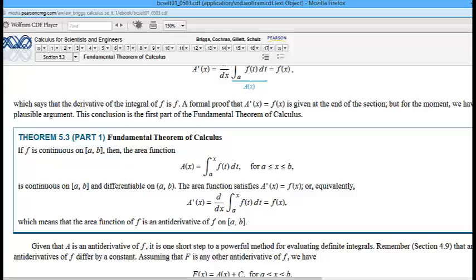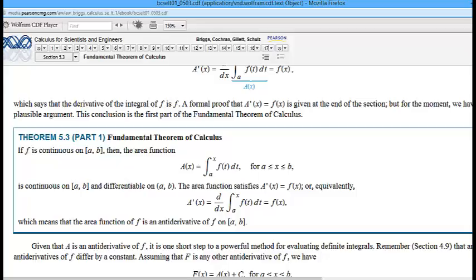And the area function is going to be really nice. That's what the theorem says. It'll be continuous. We love continuous functions because what can we do with continuous functions? Sometimes we can take the derivative. And it turns out this area function will be differentiable, and it's easy to get the derivative.